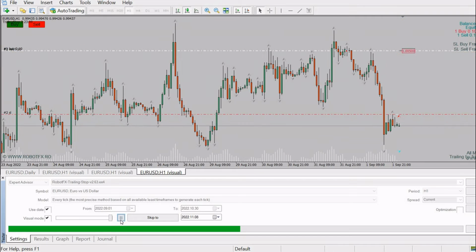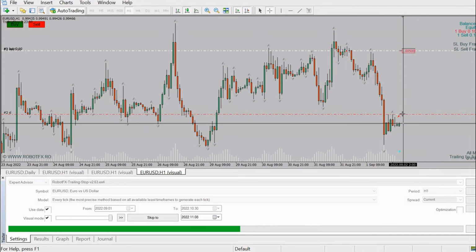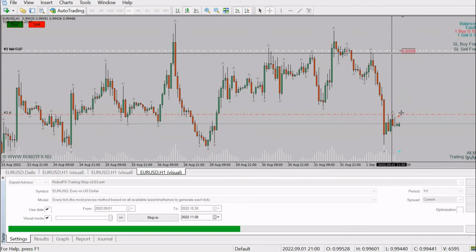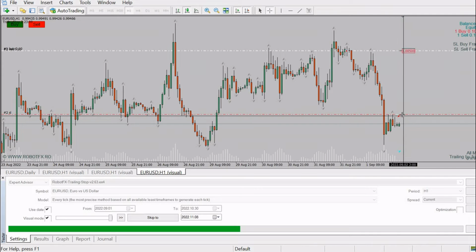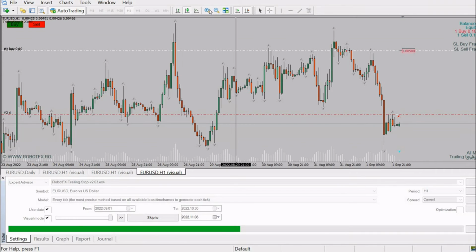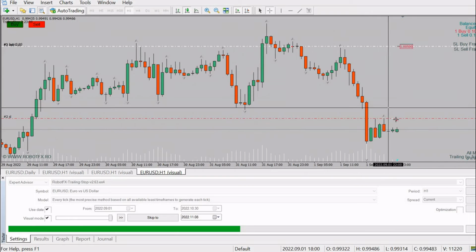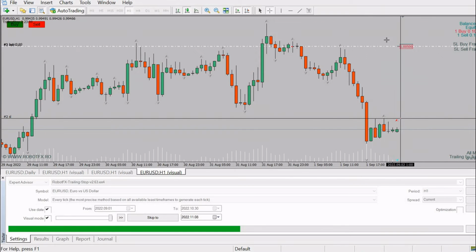And I'm hoping the fractal indicator will move, and there it is again. The fractal indicator arrow moved to this level, and at that point, the expert advisor dragged the stop loss where the arrow is, plus the buffer of 1 point. So at this point, we have made 90 pips, 91 pips.